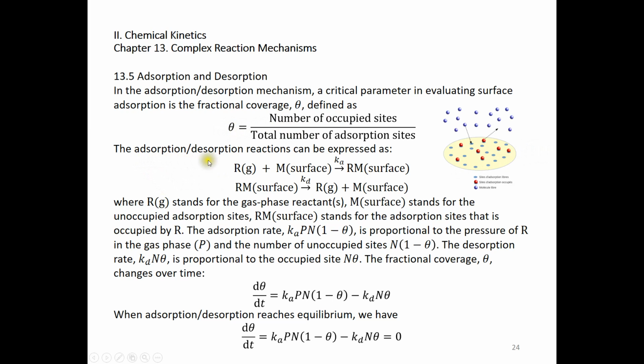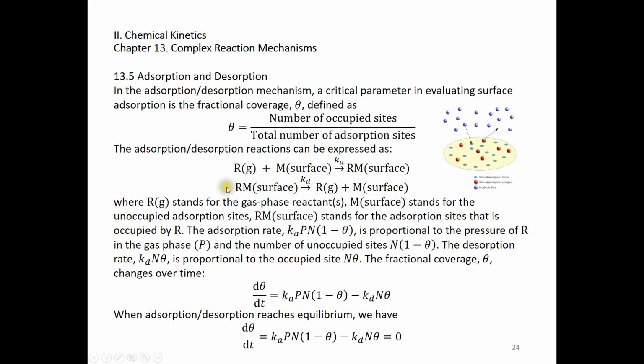The adsorption and desorption reactions can be expressed as these two equations. R is the reactant in the gas phase. M denotes the surface sites. They react to form RM, the occupied surface sites.